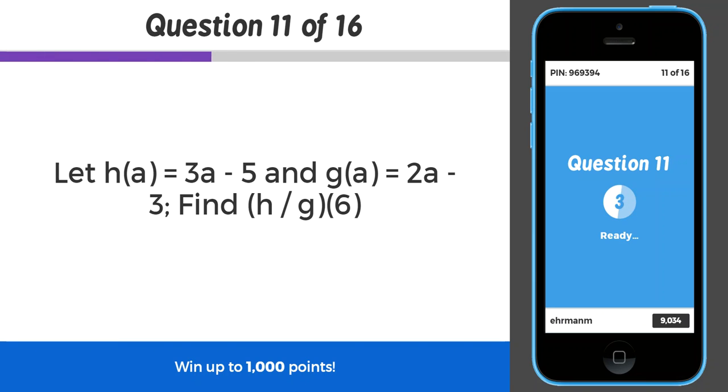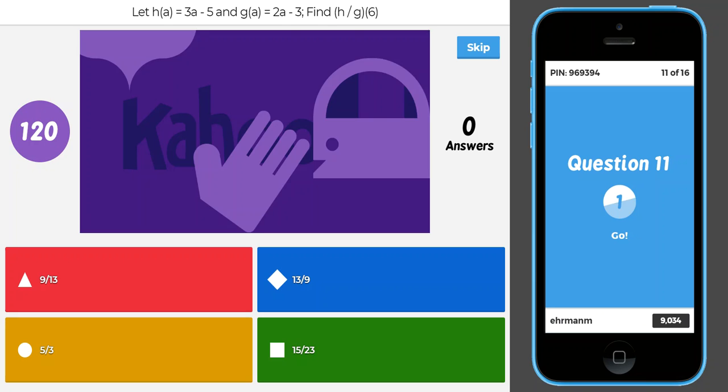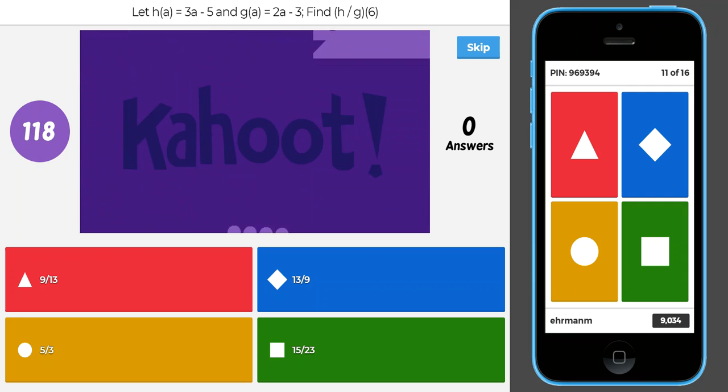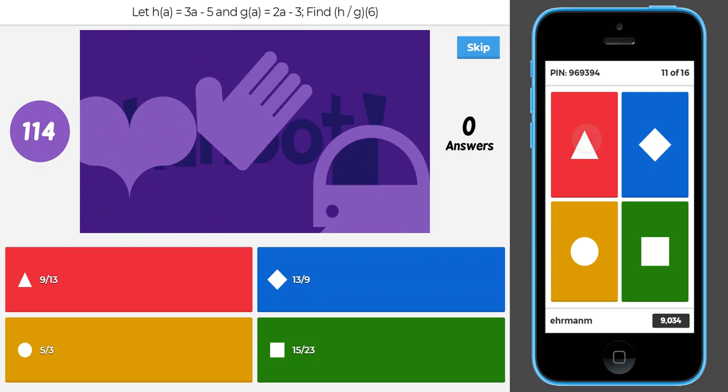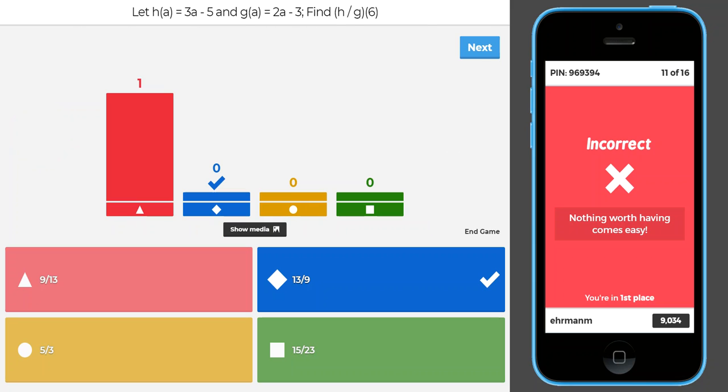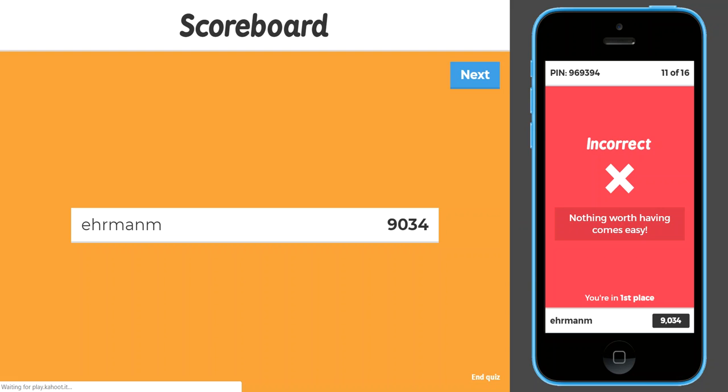I'm going to go ahead and skip this one too. It's again another problem just like the others, h divided by g. Again, pause the video, try this on your own and see if you can come up with a correct answer. I'm guessing red triangle, that was no good. See if you can go back and do the work and get the result of blue diamond there.